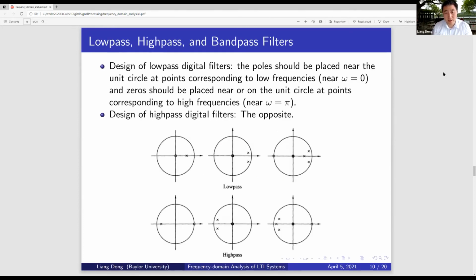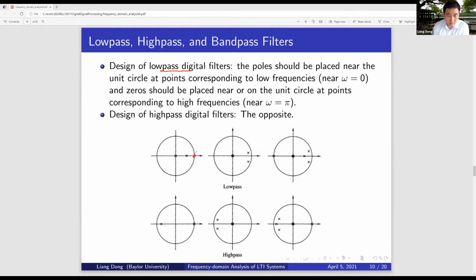Design low pass, high pass, and band pass filters. Using the low pass example to explain this: design a low pass digital filter. We put a pole near the unit circle at points corresponding to low frequency. Low frequency is here. This is DC, right?